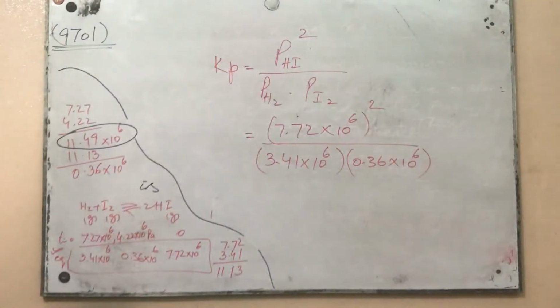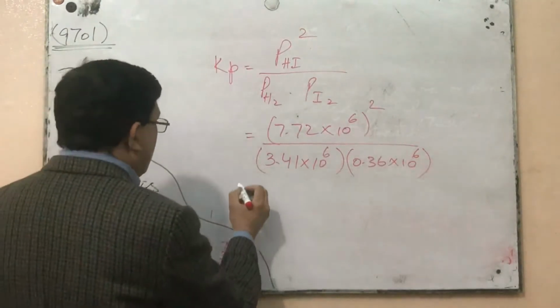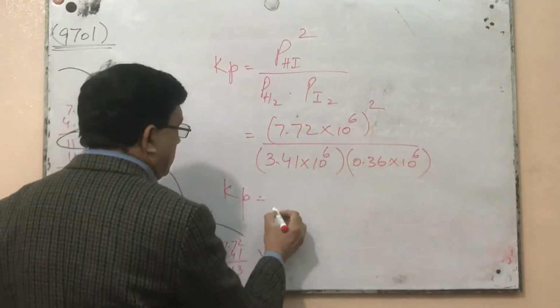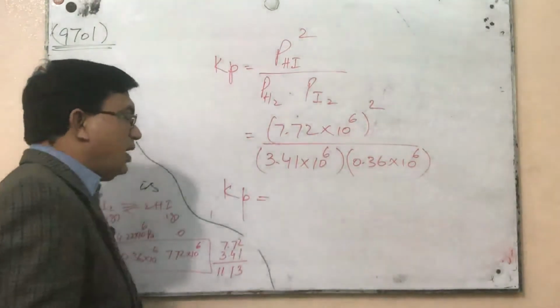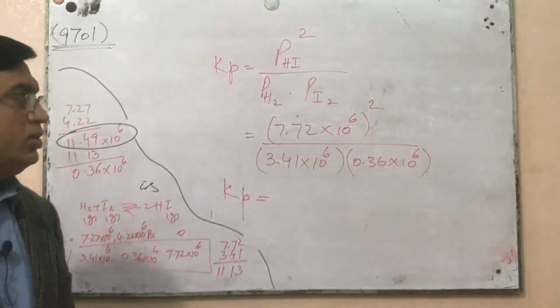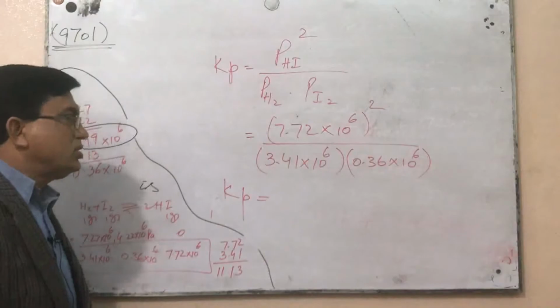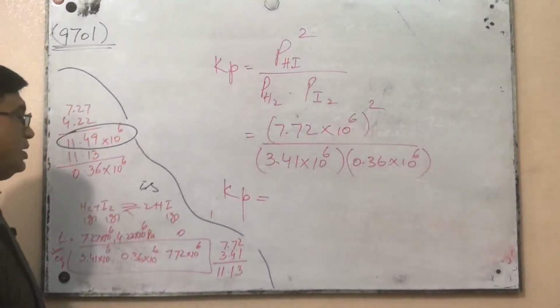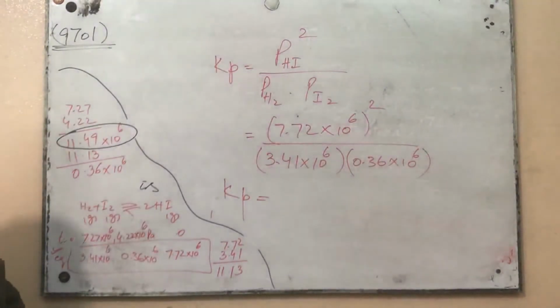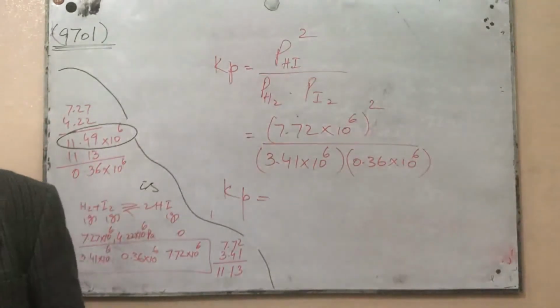Now, by calculating all these, we will get the Kp value quite easily. Using a calculator, we can calculate the Kp value. In this manner, using total pressure, we can easily calculate the Kp values for such reactions.